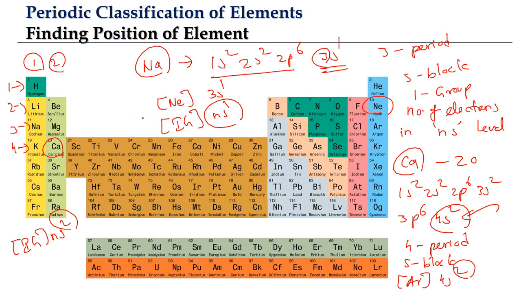Then we will be able to know what is the group or what is the block to which it belongs. Because the last entering electron is getting into the s subshell, it will be the s block element. If the last entering electron is getting into the d subshell, it will be d block element. If the last electron entering is getting into the p subshell, it will be p block element. If the last entering electron is getting into the f subshell, it will be f block element.